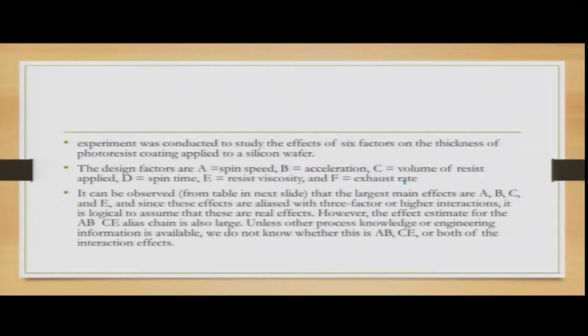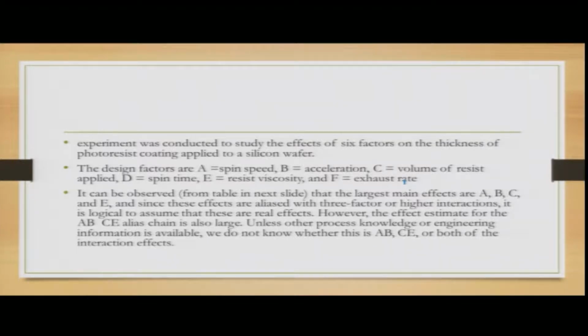The experiment was conducted to study the effect of 6 factors on the thickness of photoresist coating applied on a silicon wafer. The design factors A, B, C and so on are spin speed, acceleration, volume of resist applied, spin time, resist viscosity, and exhaust rate.